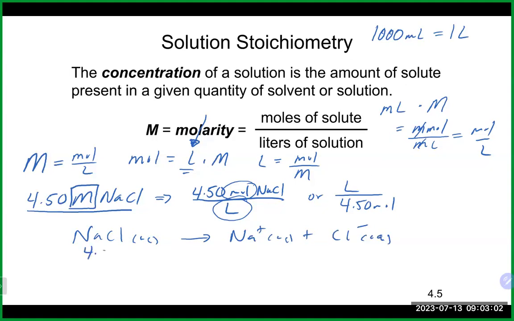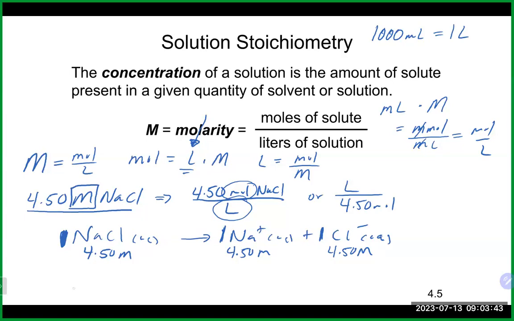If this was 4.5 molar, the molarity of the sodium ions by itself is also 4.50 molar, because it is a 1-to-1 relationship between the entire thing and just that ion. The chloride is also 1-to-1, which means the molarity of the chloride ions floating around in that solution would also be 4.5 molar. It is not additive. Obviously, 4.5 and 4.5 doesn't equal 4.5, but that's basically how it breaks apart in solution.